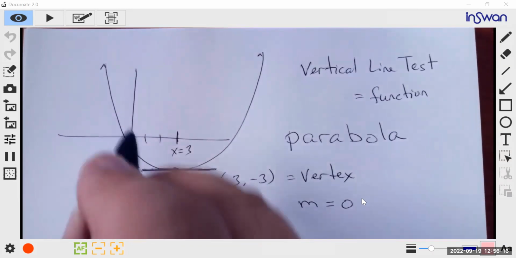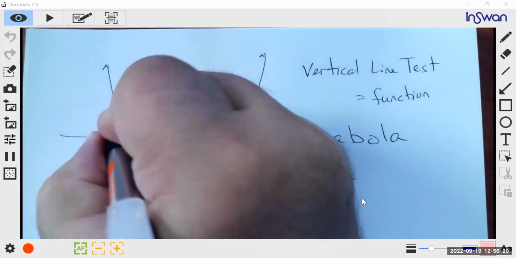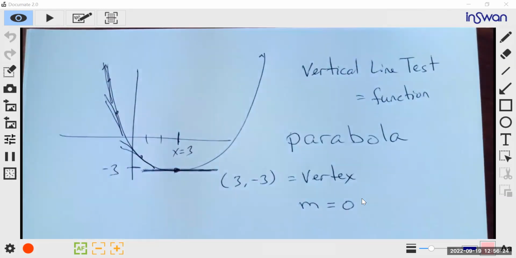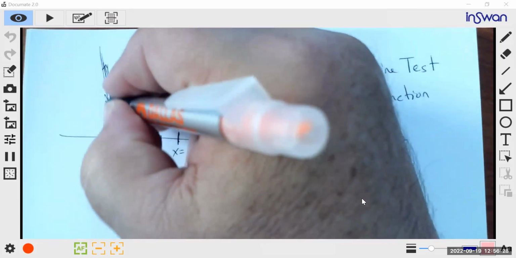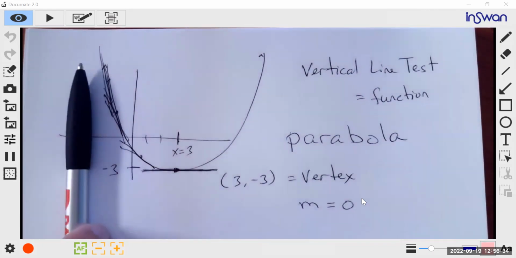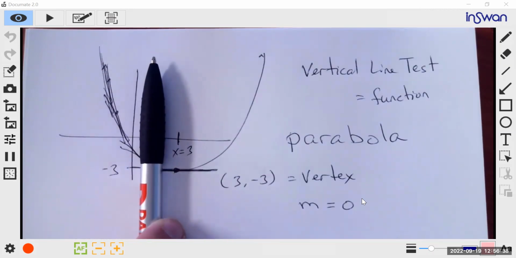Because of that, what happens to all these points here? What kind of slopes do they have? If these are all slopes going through lines. Well, okay, do your pencil then. What direction is the graph going if I do this?